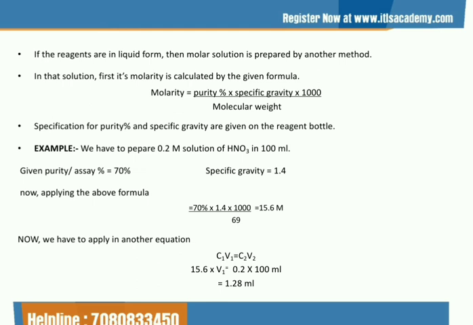Similarly, V1 is the volume of the first solution and V2 is the volume of the second solution. Let's put values in this formula. C1 is equal to 15.6, times V1 that we have to find, is equal to 0.2 times 100 ml, and the value will be 1.28 ml.